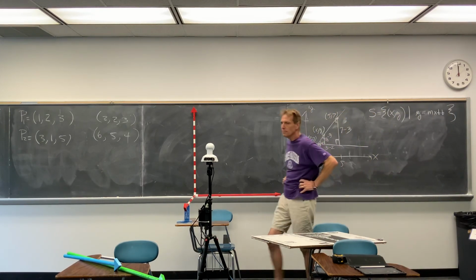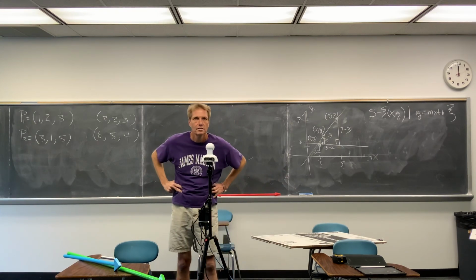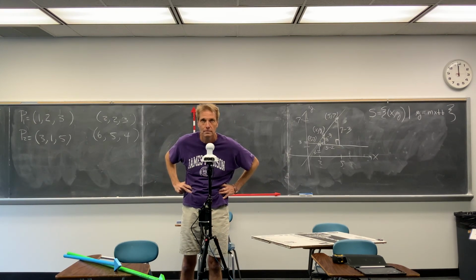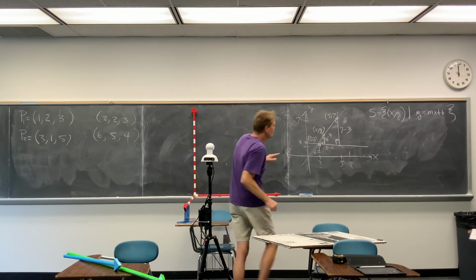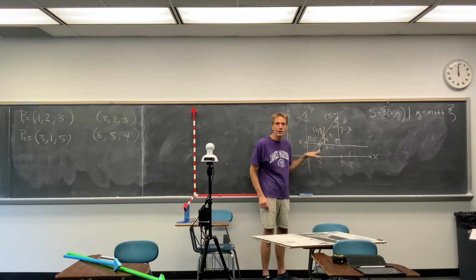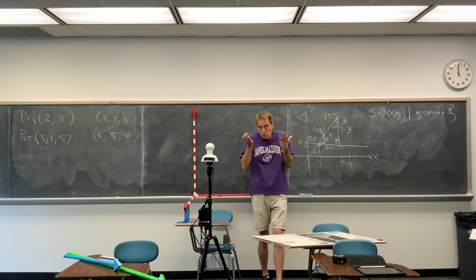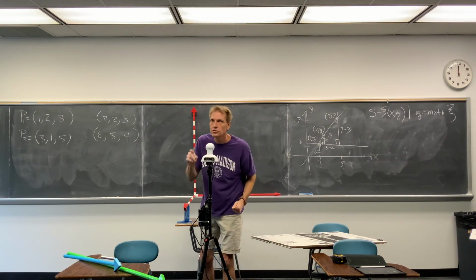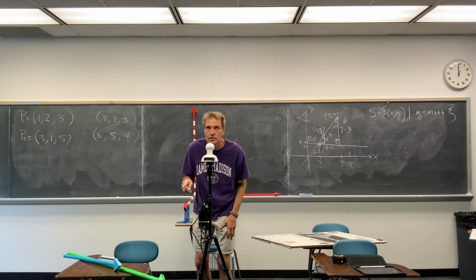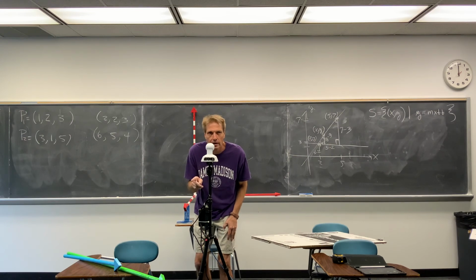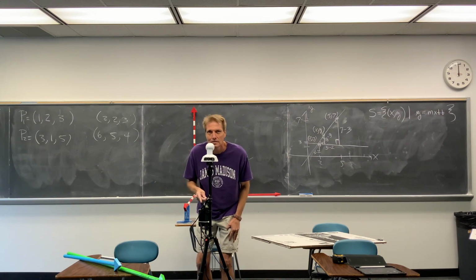If something's going to be complicated in calculus, chances are it's going to come from similar triangles or the Pythagorean theorem. I've got these two similar triangles. So their corresponding sides are going to be proportional. Say that. Proportional.